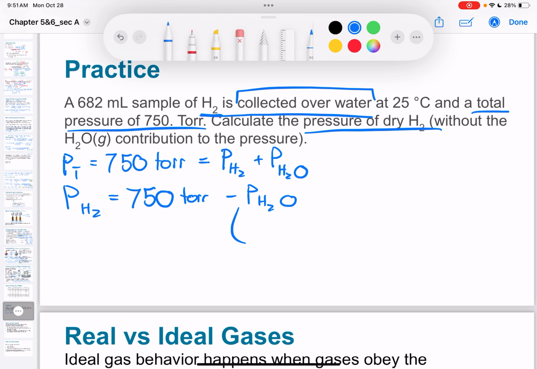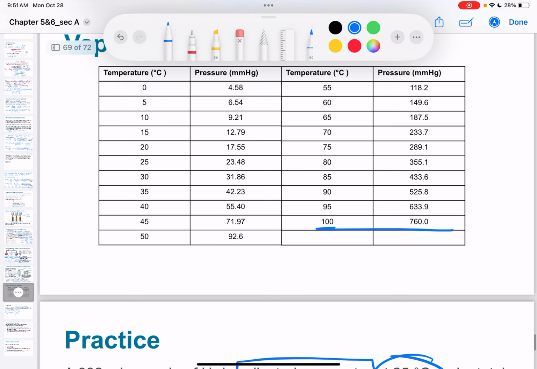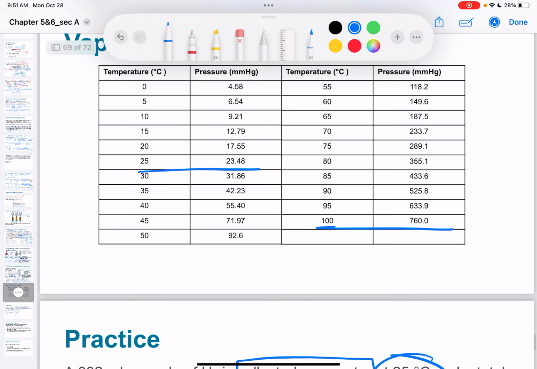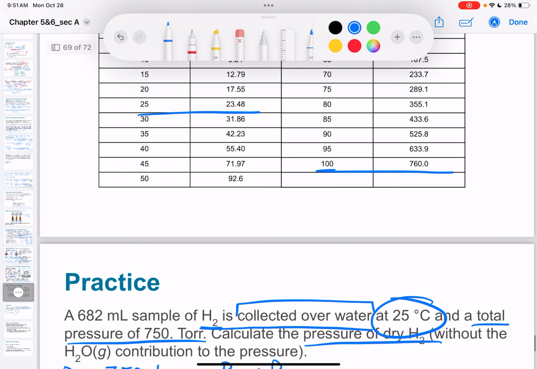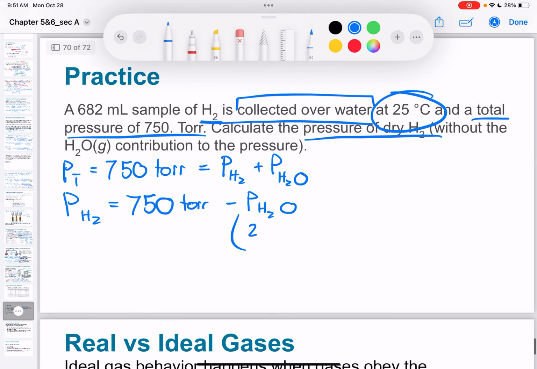The way we find the pressure of the water is by looking at that table at that particular temperature. So 25 degrees Celsius has a pressure of 23.48. It's a pretty small contribution, which should make sense because there's just a small amount of water that's evaporating.